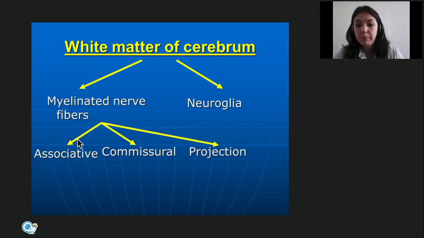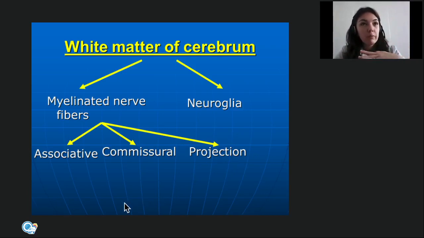Associative fibers are those which connect cortex inside one cerebral hemisphere. Commissural fibers are those which connect two cerebral hemispheres with each other. And projectional fibers are those which connect cortex with lower parts of the CNS.